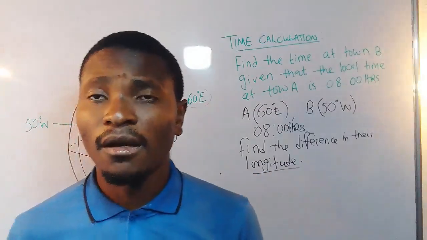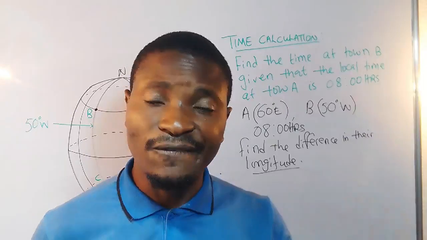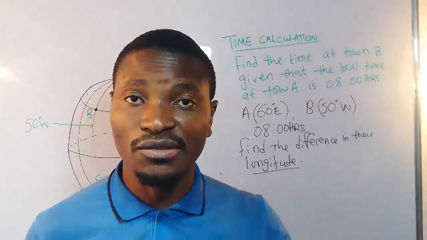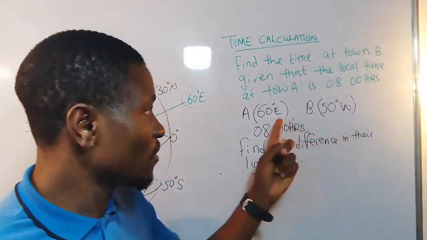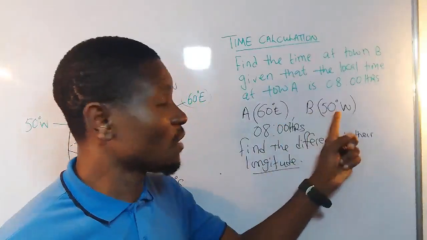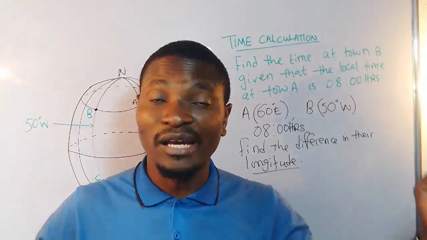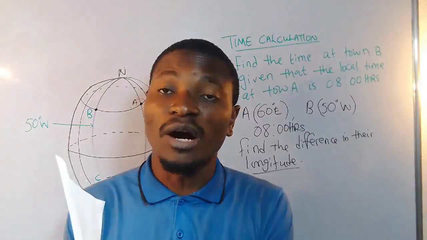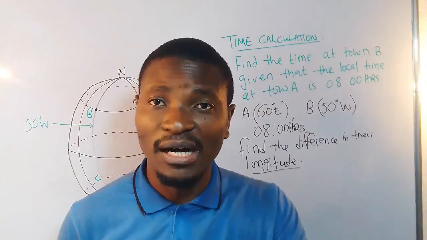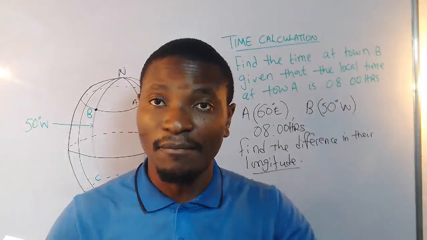First of all, you have to find the difference in their longitude, meaning this one is on the eastern part, this one is on the western part. If they are on different sides of the Earth's surface, you've got to add in order to find the total angle between them, okay?